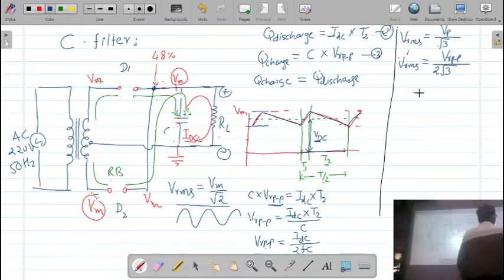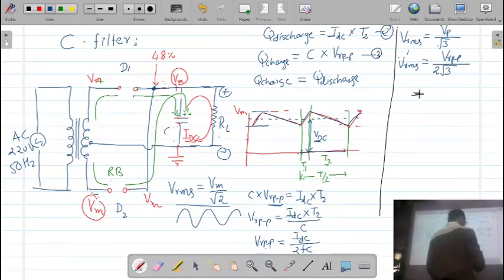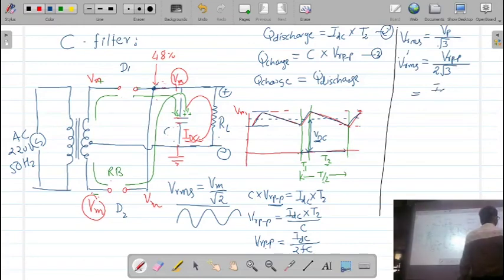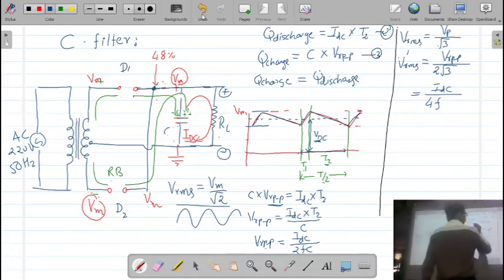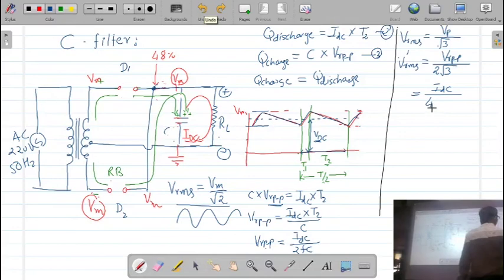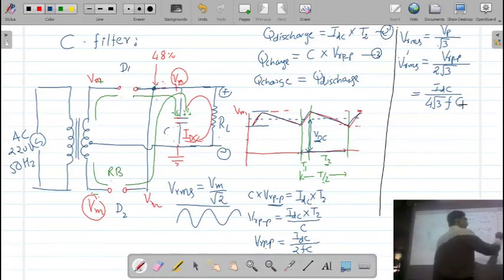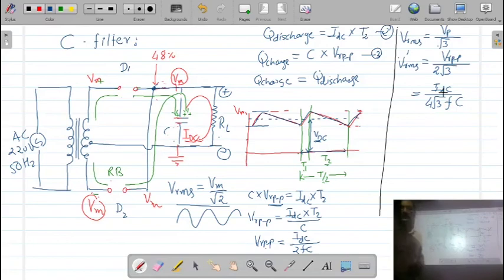Now already we have calculated what is the VR peak to peak. It is IDC upon 2FC. So we have 4 root 3 FC. Now IDC, we want to calculate the voltage.